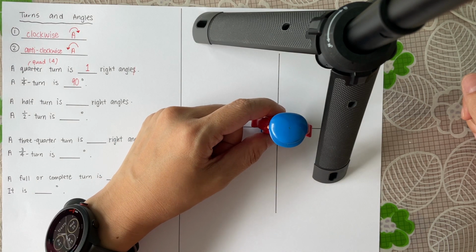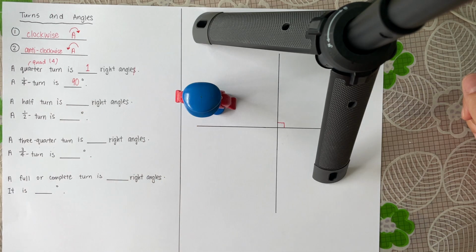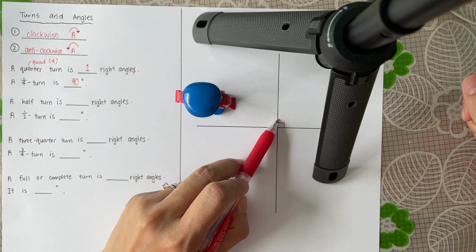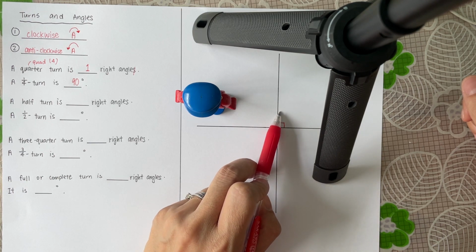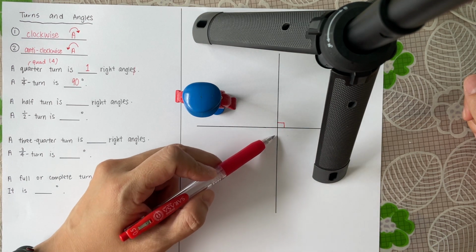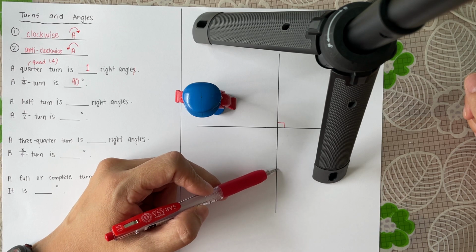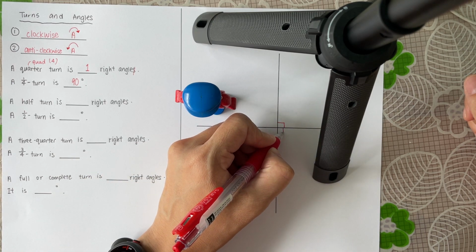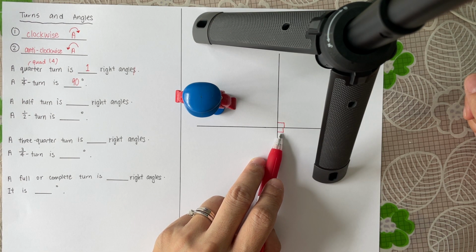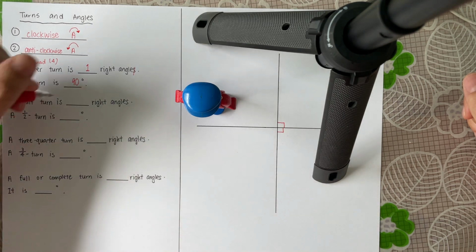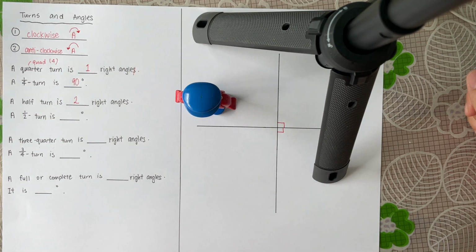Now, what would be the angle that he would cover? He would start from here, right? Because he's facing this direction, and he's going to turn, and in the end, he's going to face here. So he's going to cover a turn of an angle of 2 right angles. So a half turn is 2 right angles.